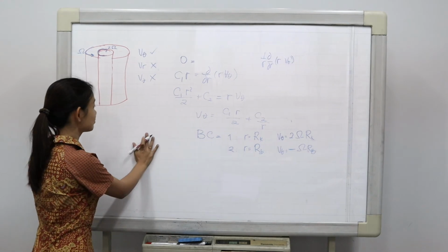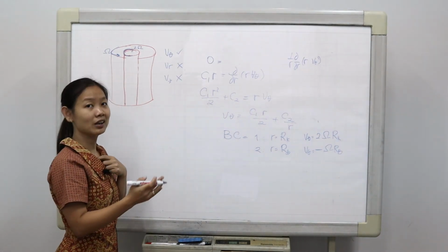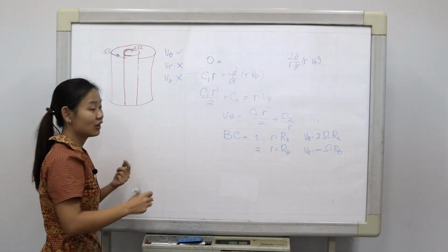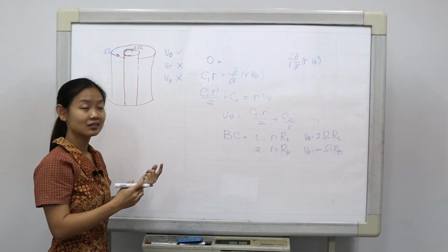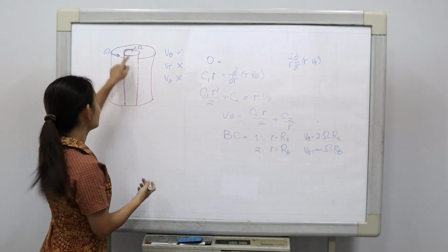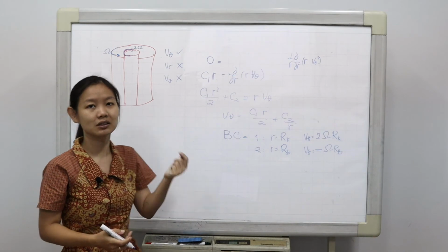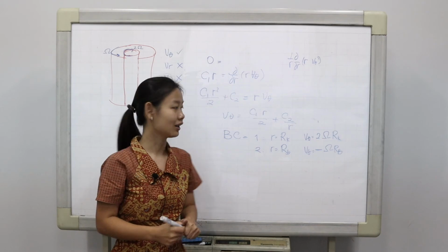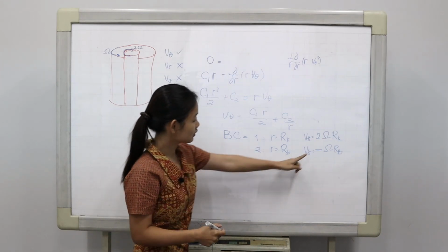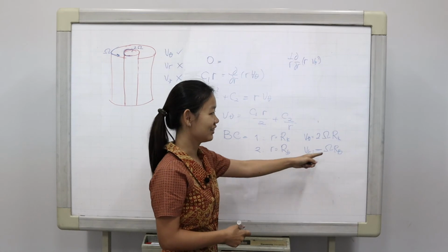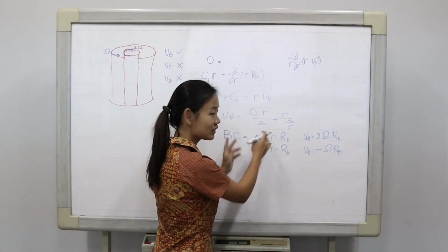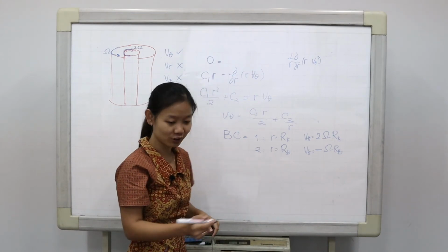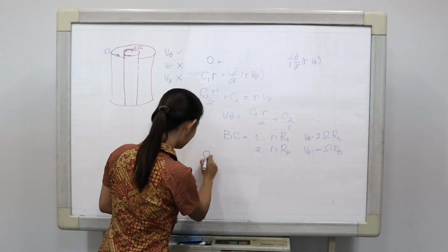I prefer to state that clockwise is positive and counterclockwise is negative. But if you want to state it oppositely, that's fine as well, as long as one of them is negative and one is positive. Then put all the boundary conditions into this equation, and finally, long story short, you will have C1.